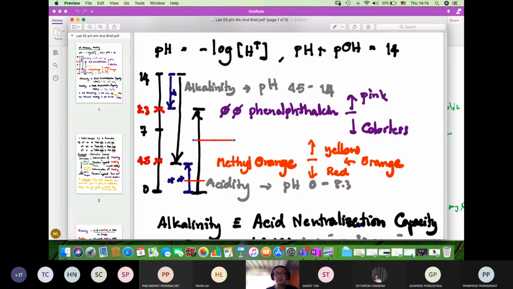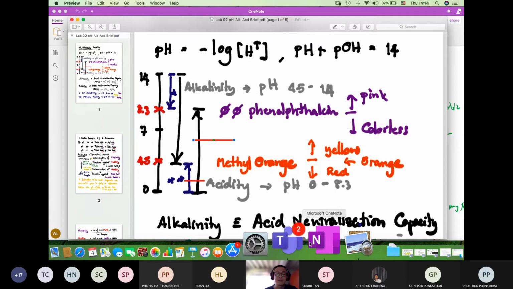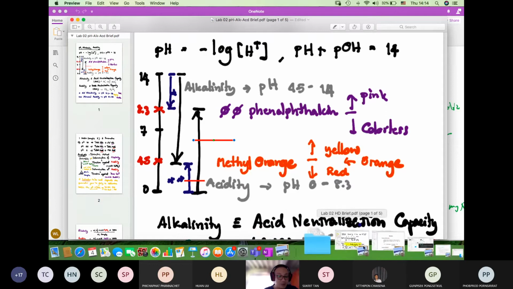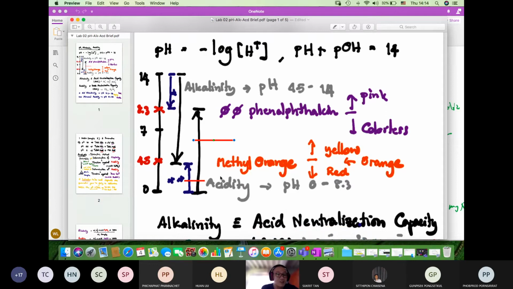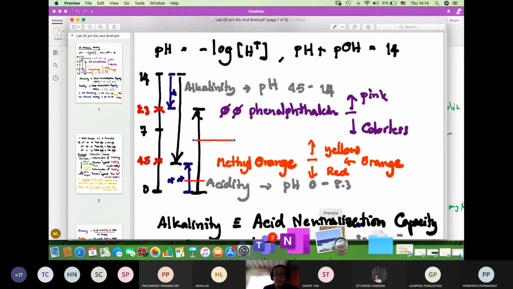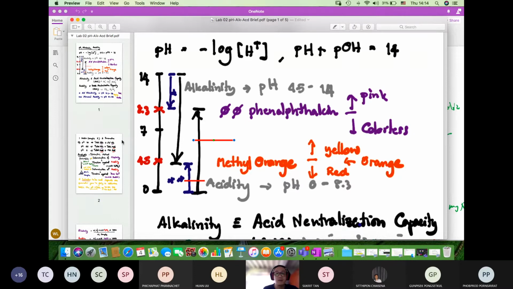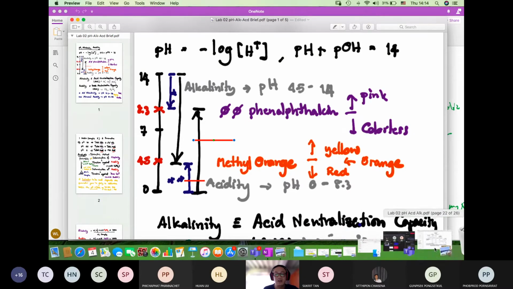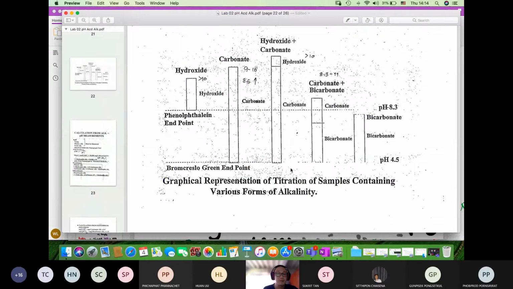We use these two indicators because they change colors at pH 4.5 and 8.3. Why do we really focus on pH 4.5 or 8.3? Because below 4.5 there is no alkalinity, and above 8.3 there is phenolphthalein alkalinity.